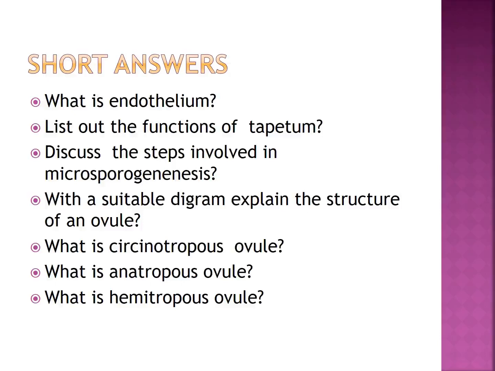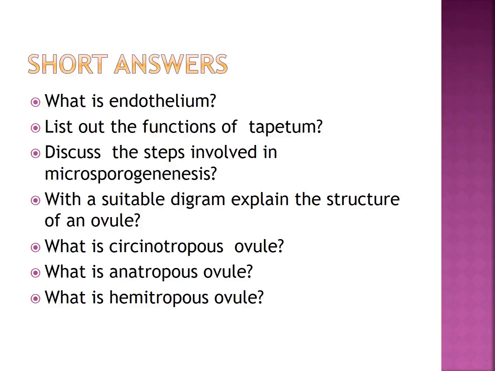The process of transfer of pollen grains from the anther to the stigma of a flower is called pollination. And the different types of pollination: self-pollination, cross-pollination. Some examples: herkogamy and bisexual flowers, and protogyny, protandry, dichogamy. These are all different types of pollination.